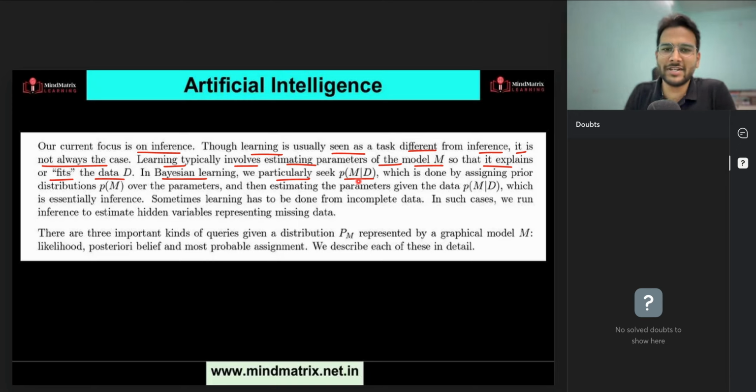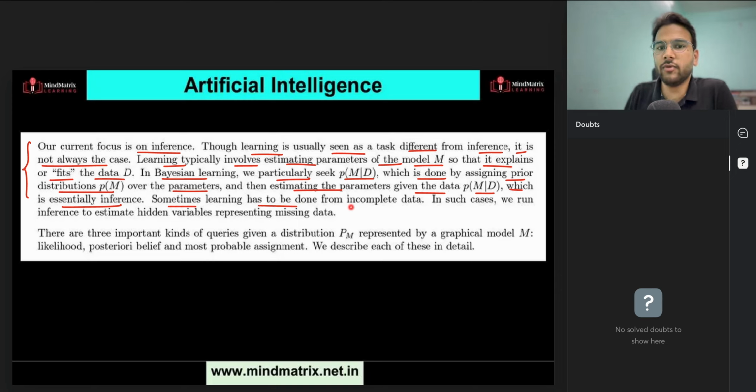Expectation maximization, yes. Okay, my mistake. So we particularly seek the probability of model given data, which is done by assigning a prior distribution P(M) over the parameters and then estimating the parameters over the given data. This is the same thing that we have seen so far, and which is essentially inference. So basically we try to infer from these models.